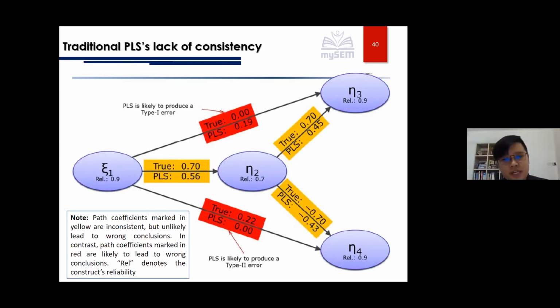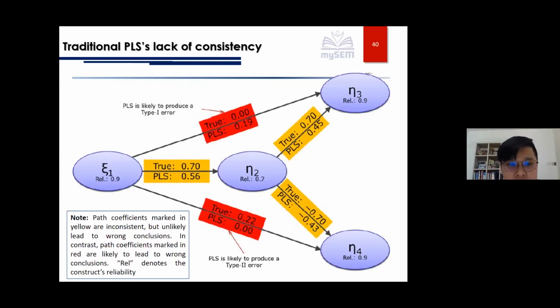Therefore, Dijkstra and Schuberth assume that if you do a true reflective construct, it must follow the CB-SEM concept, like your Amos or LISREL, where your error should not be correlated. The reliability of traditional PLS must be adjusted using rho A so that it will produce a true value of your path coefficient.